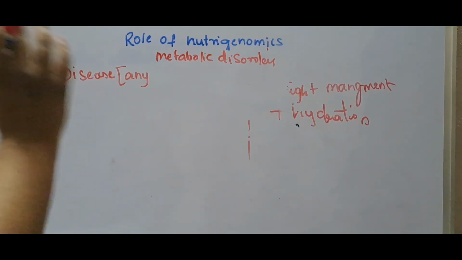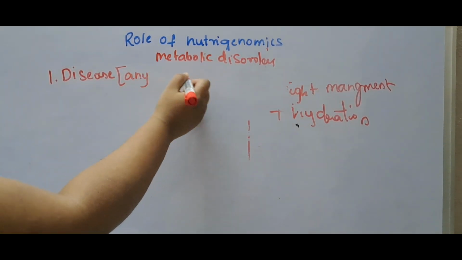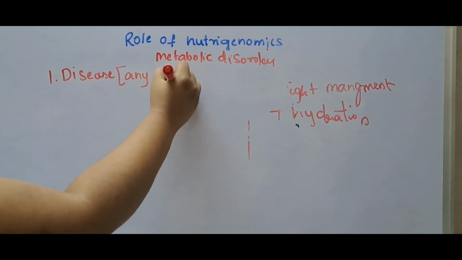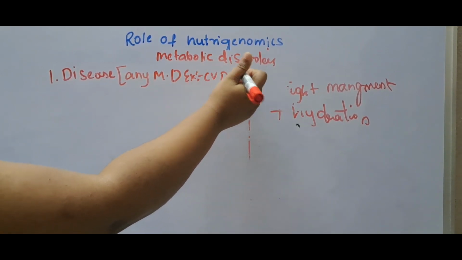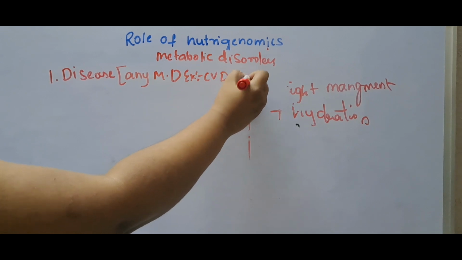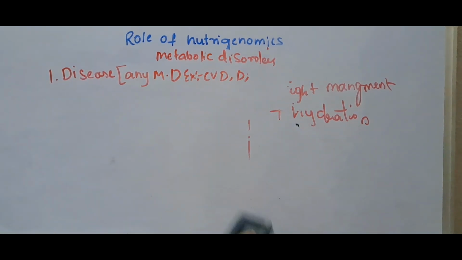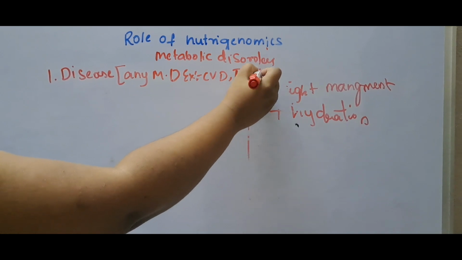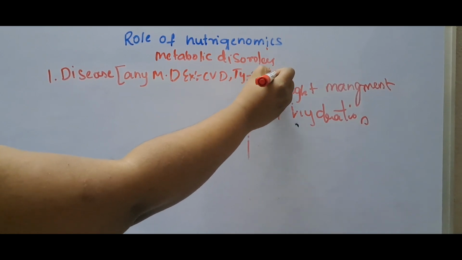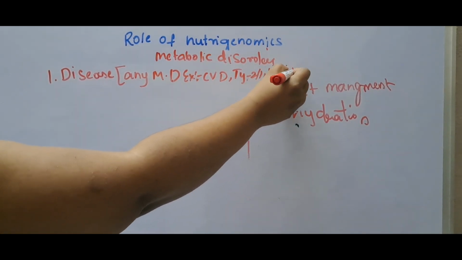So what is the definition? I write here: any disease, any metabolic disorder, for example CVD or diabetes, type 2 or type 1, or hypertension, anything, etc.